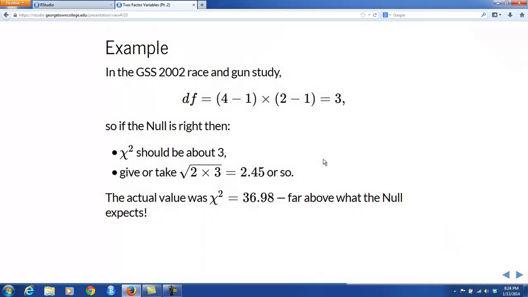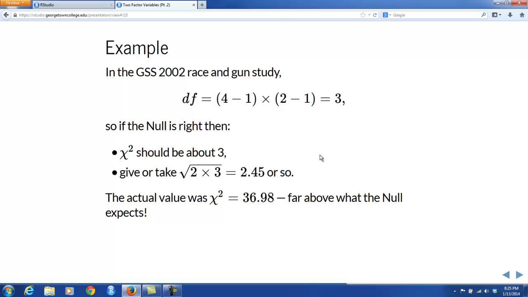So, for example, in our study, the two-way table had 4 rows because there were 4 values for race: African American, Hispanic, other, and white. It had 2 columns because there were 2 values for gun ownership, no and yes. 4 minus 1 times 2 minus 1 works out to 3 times 1, which is 3.